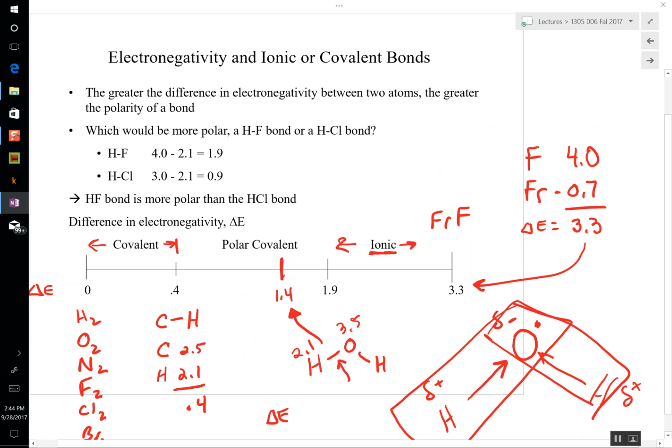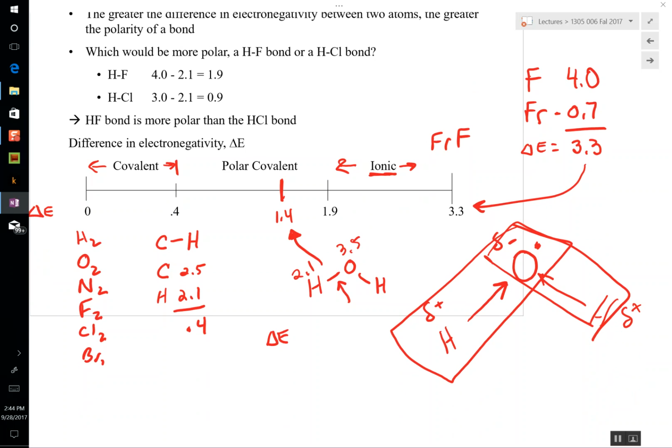Okay, we've already covered this, but I just want to, let's say, so you got this scale. Boy, I've written all over this thing.